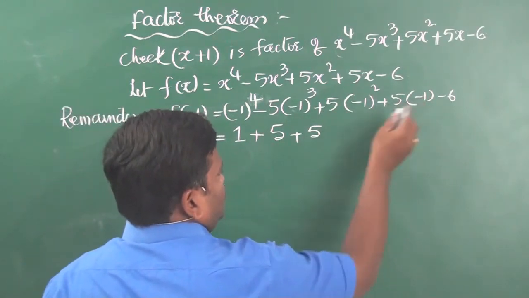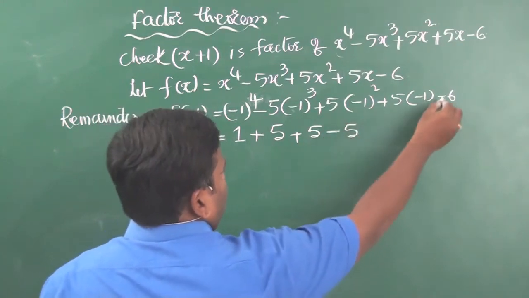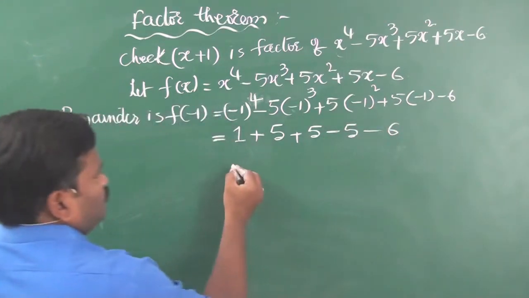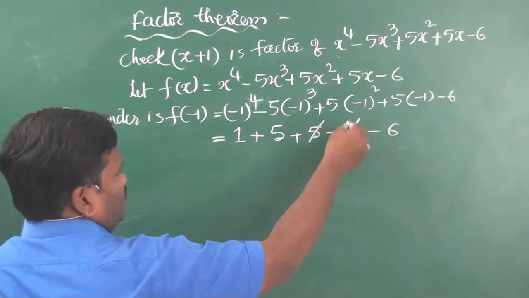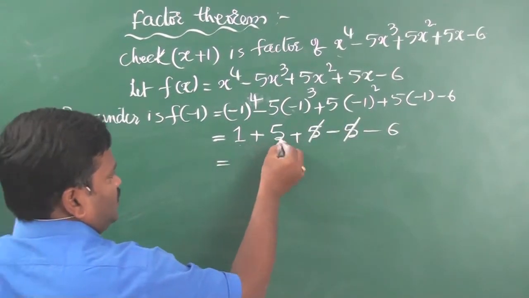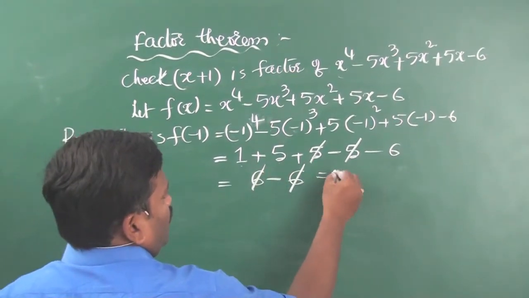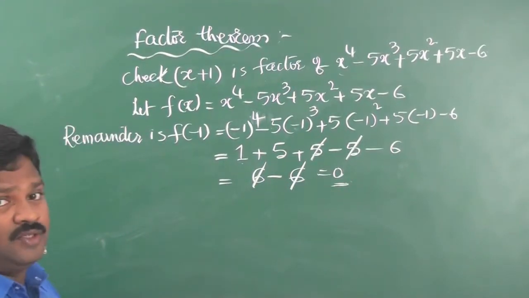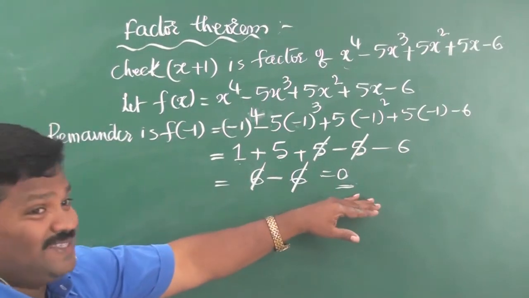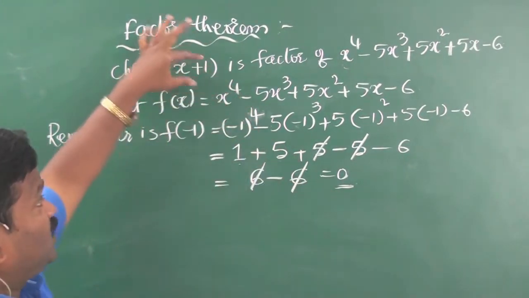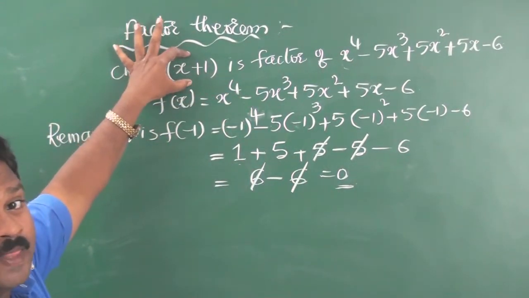Then 5 into minus 1 is minus 5, minus 6. Plus 5 minus 5 cancel, 1 plus 5 is 6, minus 6 is 0. How much remainder did we get? 0. If 0 is the remainder, then x plus 1 becomes a factor.